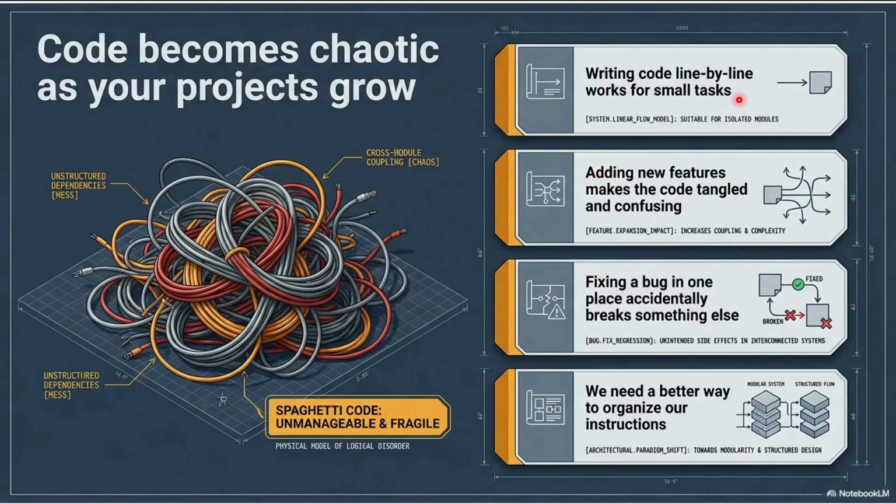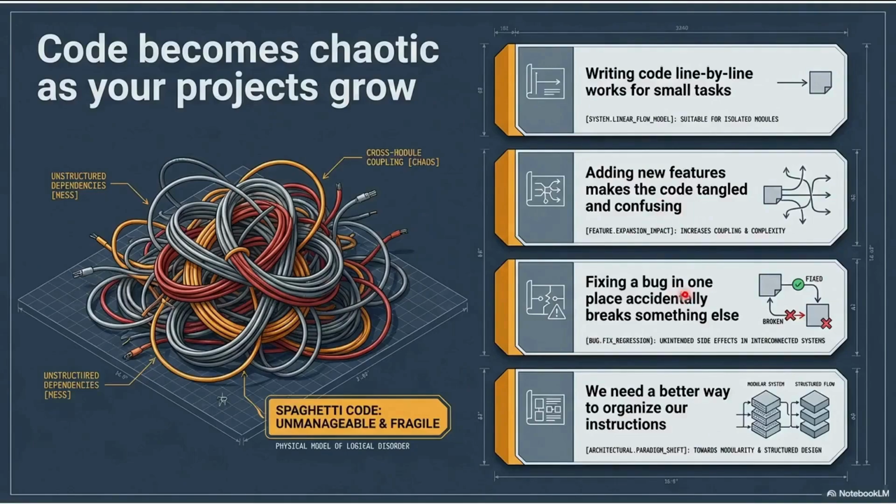But if you are developing software, even if the code goes a few thousand lines, 2,000 or 3,000 lines, then we need to have a tool which can manage that code, and that tool is the OOPS concept. Adding a new feature makes the code tangled and confusing.